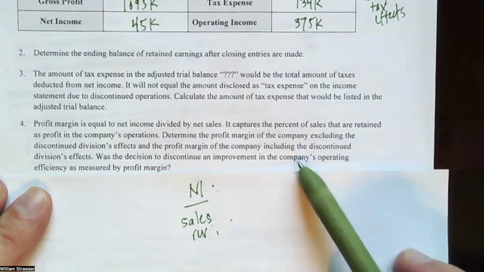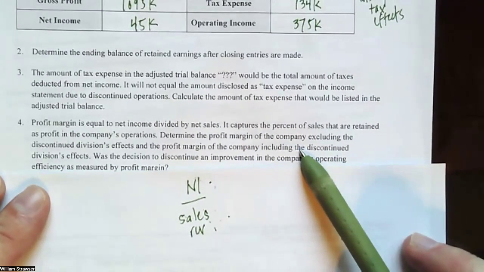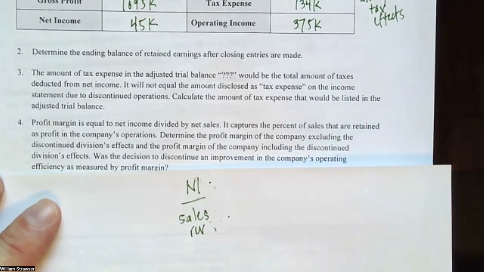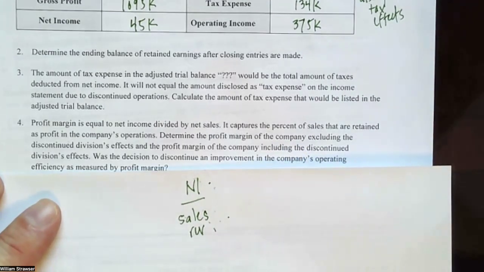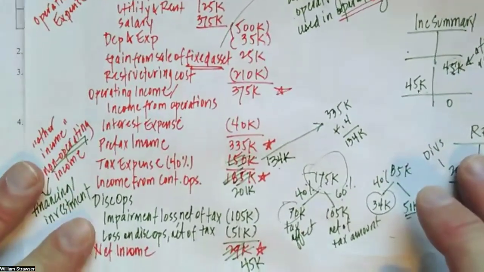So using this, I ask you to look at this income statement we made in two ways. To look at it overall with the discontinued operation, and then look at it without the discontinued operation, and then make a conclusion as to whether it was wise to discontinue the discontinued op, right?